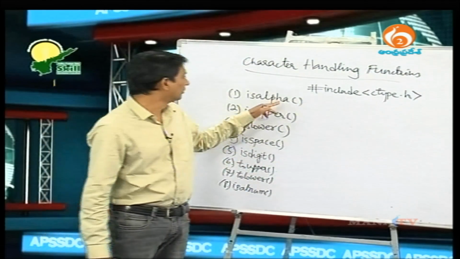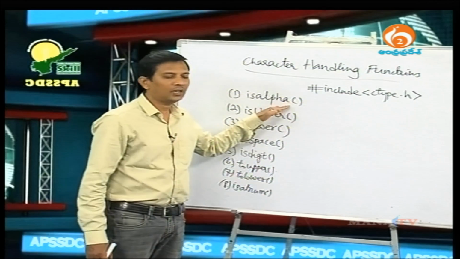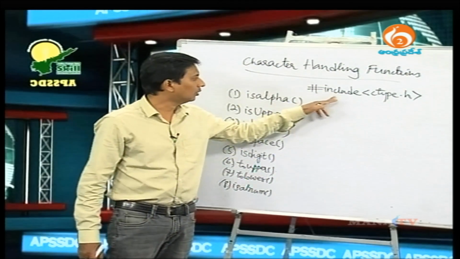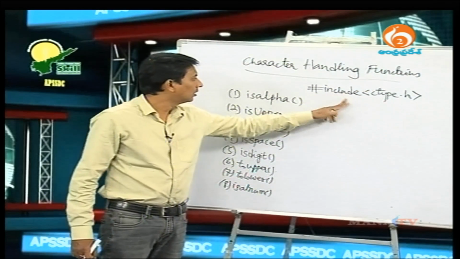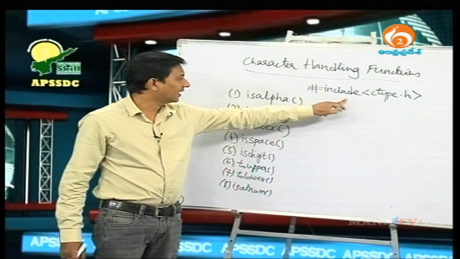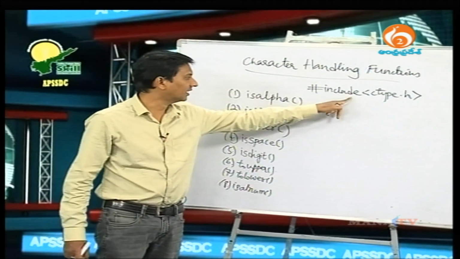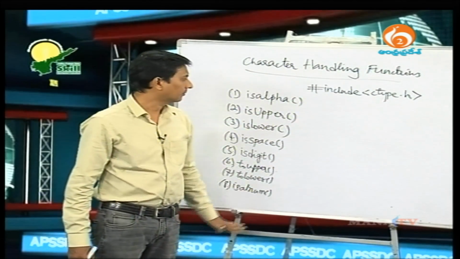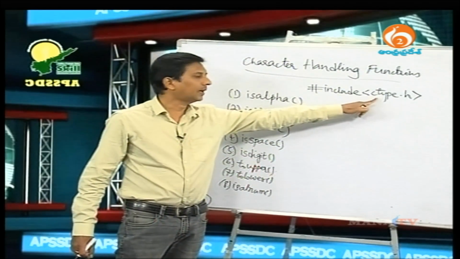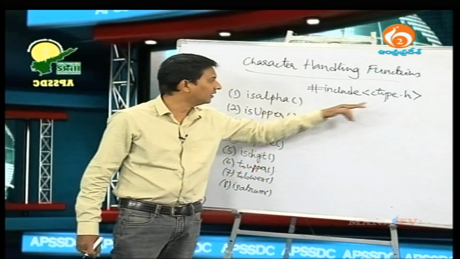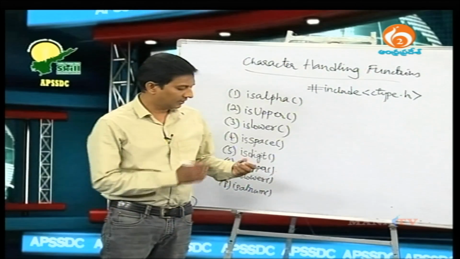Before calling these predefined functions, we must include the header file ctype.h. If we do not include this header file, we will get an error, because these are predefined functions defined in ctype.h. So we will see each of them.